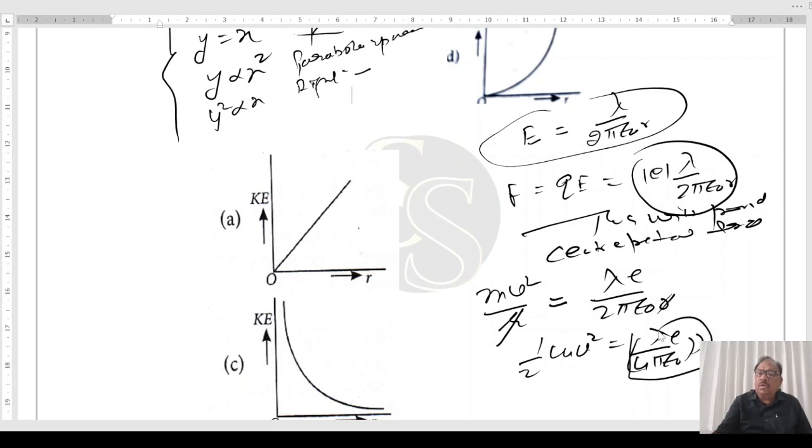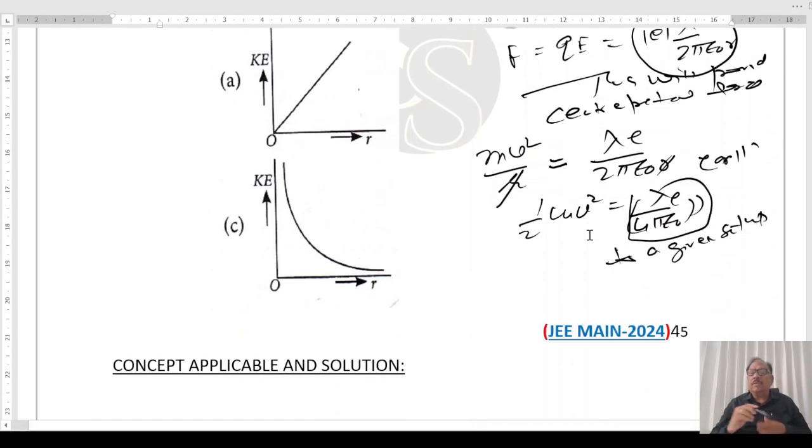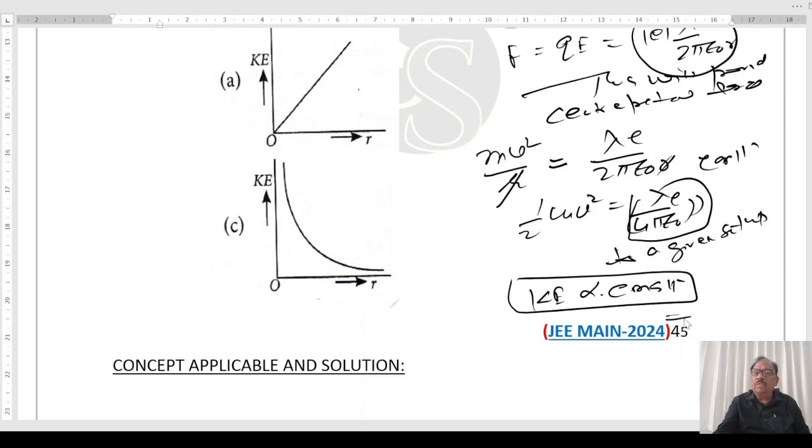This is our constant for a given setup. And half mv square is the kinetic energy. Kinetic energy is proportional to a constant, so means y equals constant, that is independent of r.